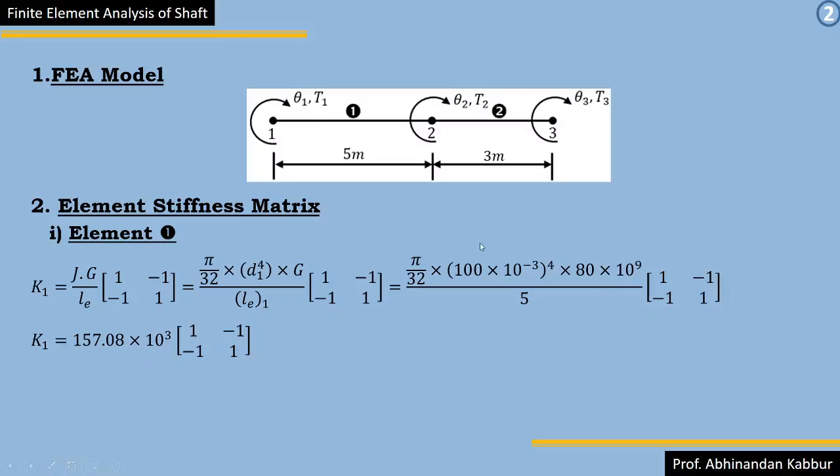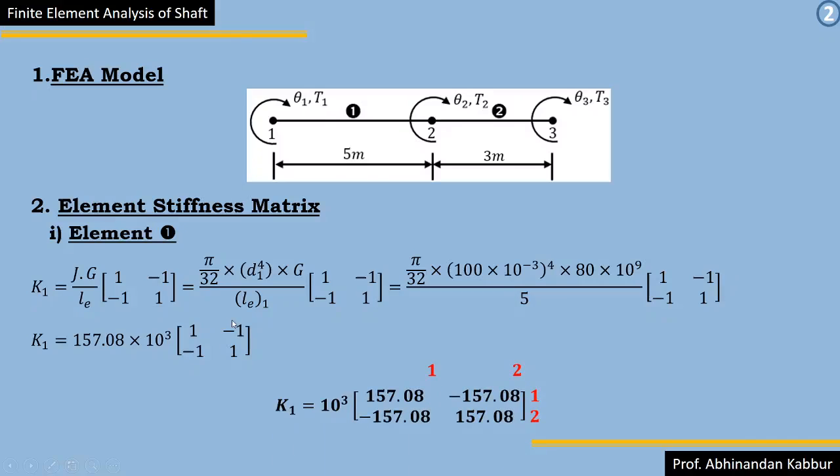I have made the units uniform; the first portion has a length of 5 meters, which I have substituted. After simplifying, I get 157.08 into 10 to the power of 3, and the matrix as it is.